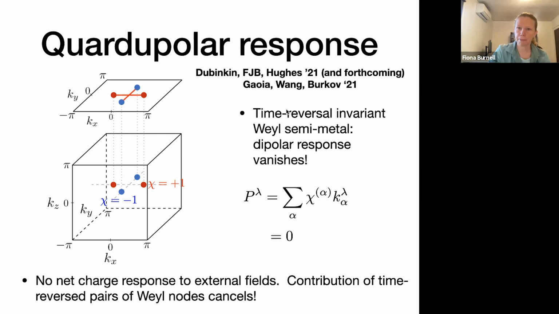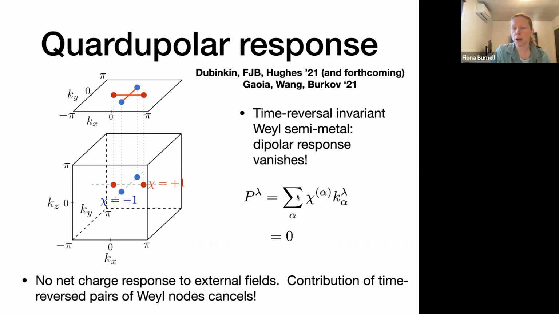Now let's ask a little bit about what this bulk theory looks like and what it does. One thing I want to point out is that this bulk actually has time reversal symmetry, because time reversal preserves the chirality of the Weyl node. So it's going to take this guy over here and this guy over here.